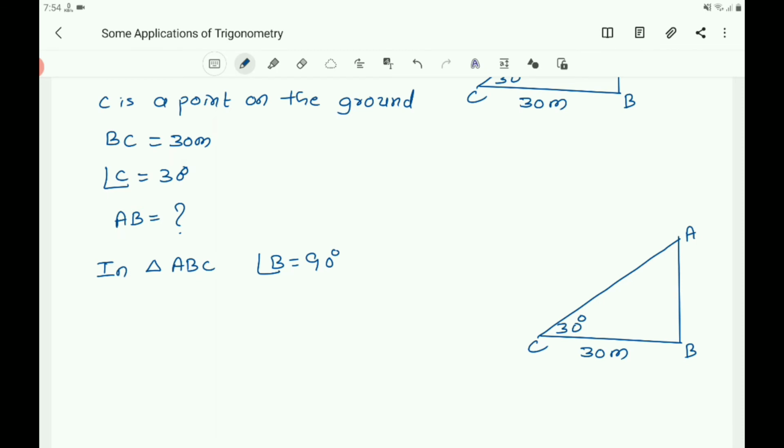Which ratio is O by A? That is tan theta. So you take tan C equal to AB by BC, or directly first you write O by A, that is opposite side by adjacent side.